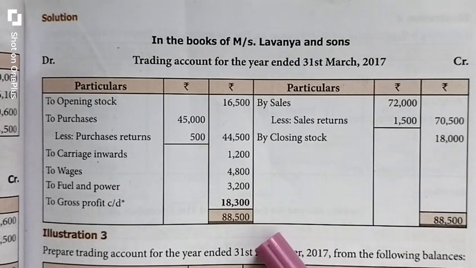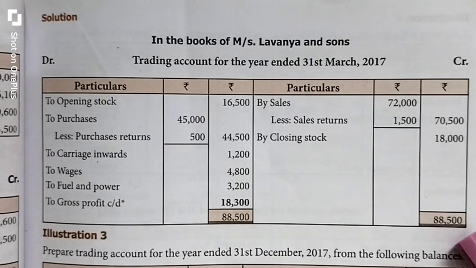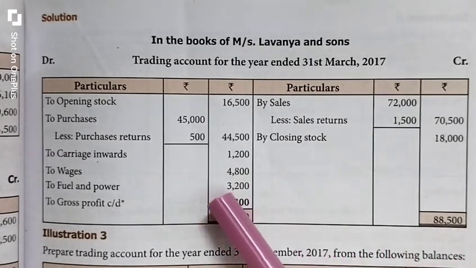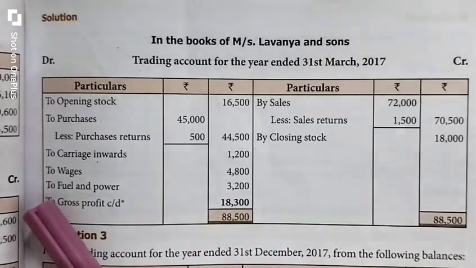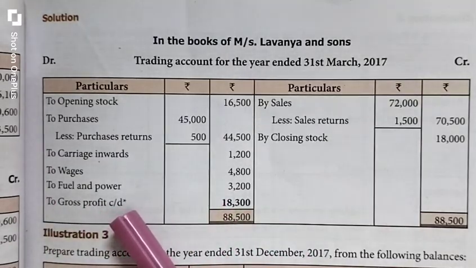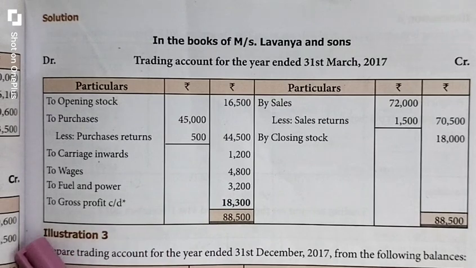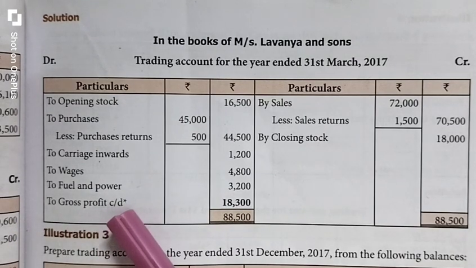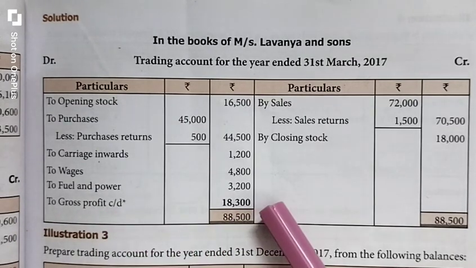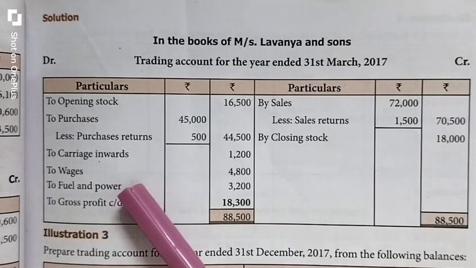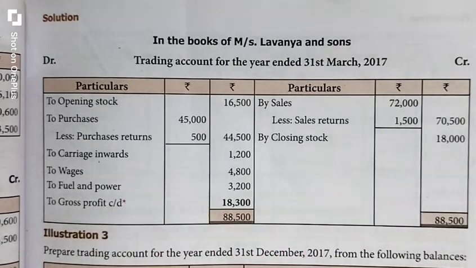For this illustration 2, the credit side has the higher value. So the difference represents 18,300 as the gross profit on the debit side, gross profit carried down. So, to gross profit carried down how many rupees? 18,300. This gross profit is transferred into the profit and loss account on the credit side.